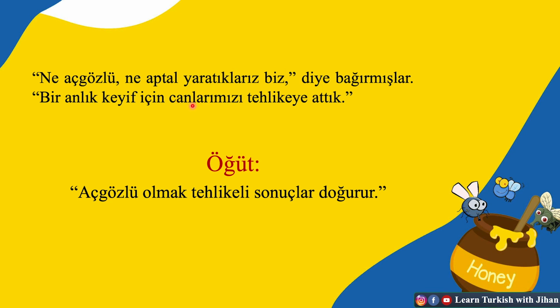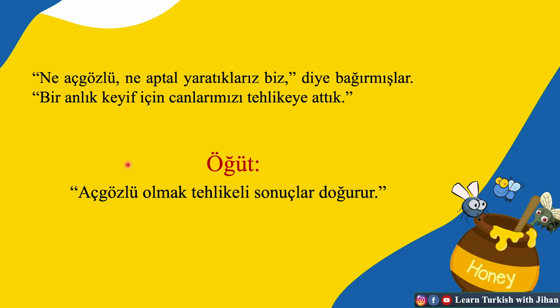Can here means life, your life. Canlarımızı, our lives. Mız over here means our. So again, we risked our lives for a moment of pleasure. Öğüt, which means the advice, the lesson that we learned from the story. Açgözlü olmak tehlikeli sonuçlar doğurur. Olmak, to be.